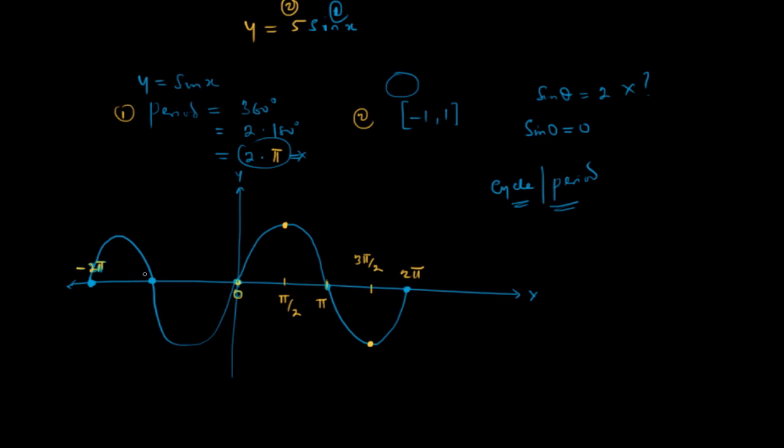So this will be -2 pi, half of it is negative pi, while the turning points are negative 3 pi over 2 and negative pi over 2.